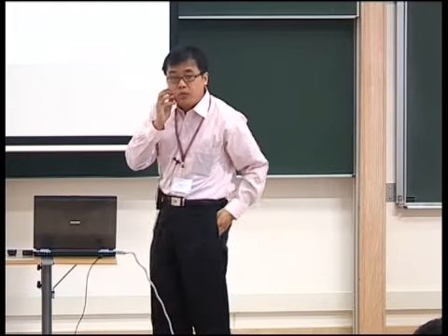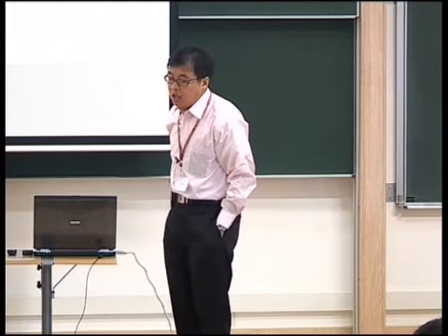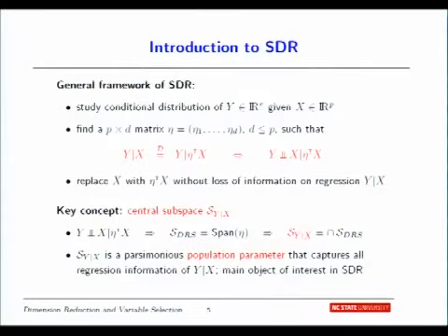So I'm going to just go through this couple of slides quickly, and we want to study this conditional distribution of response y given a predictor vector x. And what we want to do is find a p by d matrix eta with d usually less than or equal to, actually in most cases much less than p, such that the distribution of y given x is the same as the distribution of y given eta transpose x.